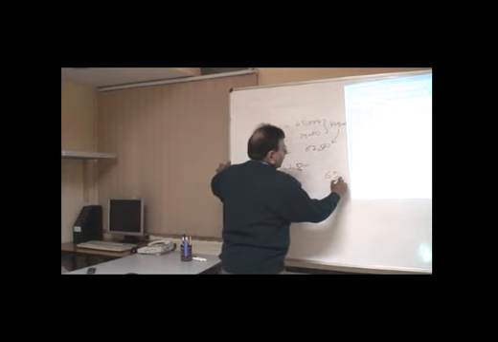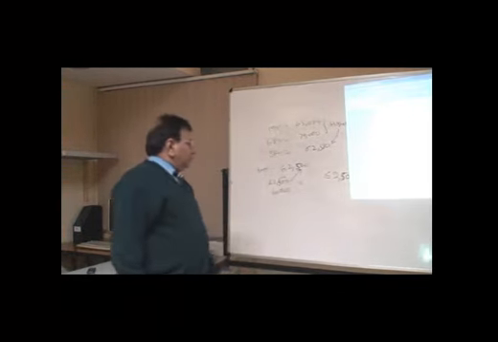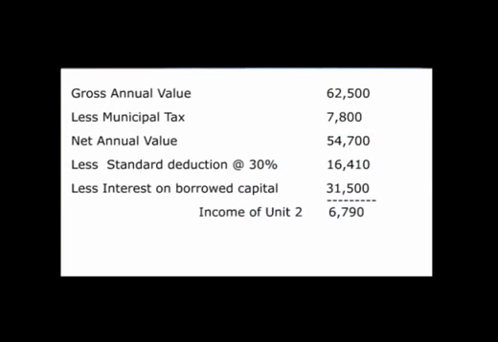So that would be my gross annual value, 62,500. From this, we'll deduct the half portion of tax. The tax is 7,800. The balance is 54,700. That is the net annual value.